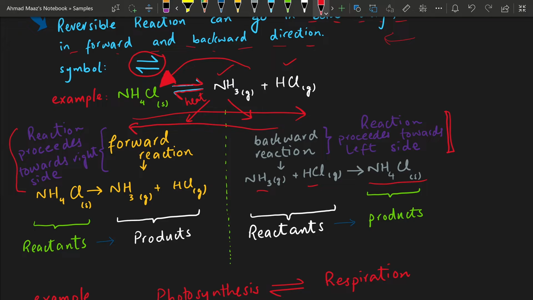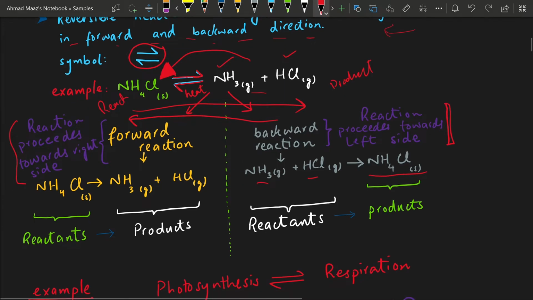This is a convention that we write the products on the right side and the reactants on the left side.